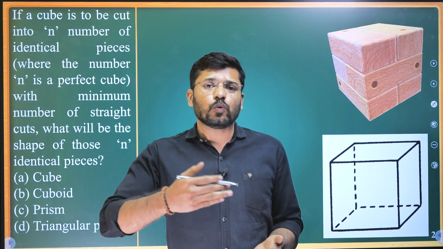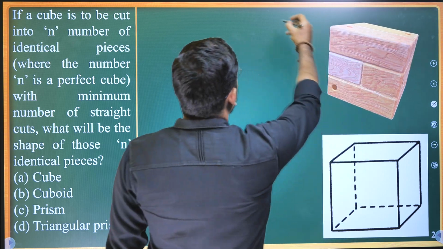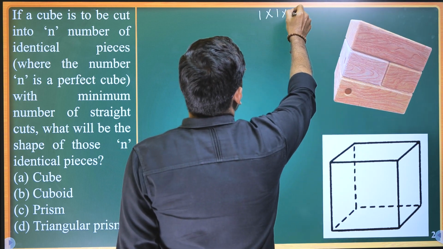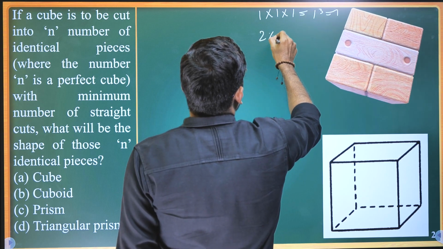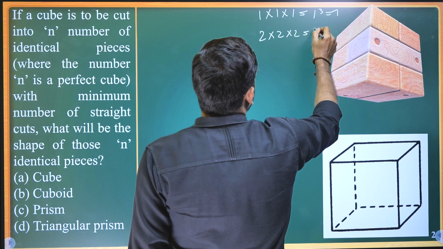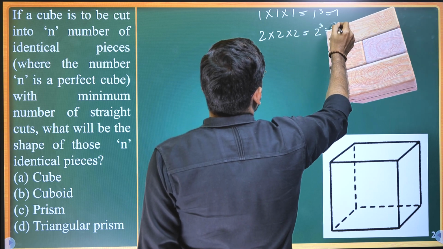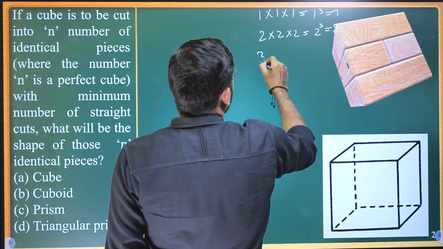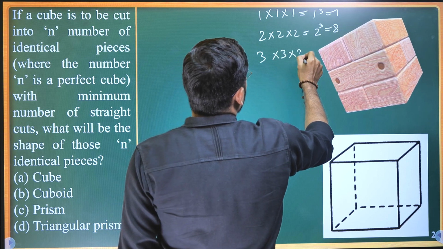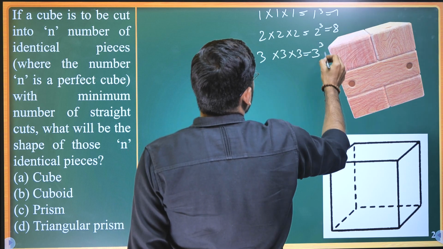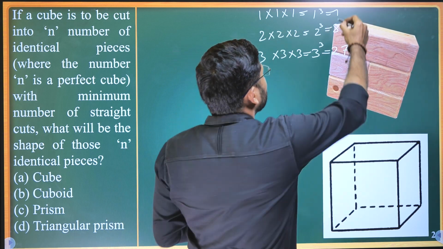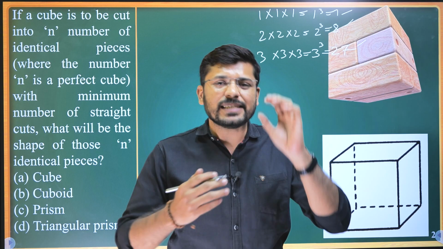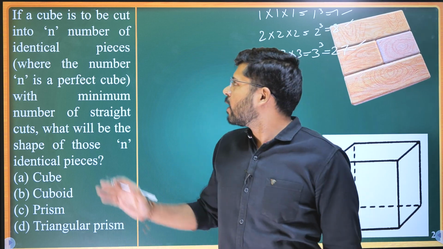That is 1 into 1 into 1, which we represent as 1 cube, and its value is 1. 2 into 2 into 2 is represented as 2 cube, and its value is 8. 3 into 3 into 3 is represented as 3 cube, and its value is 27. So these numbers 1, 8, 27 are called perfect cubes.